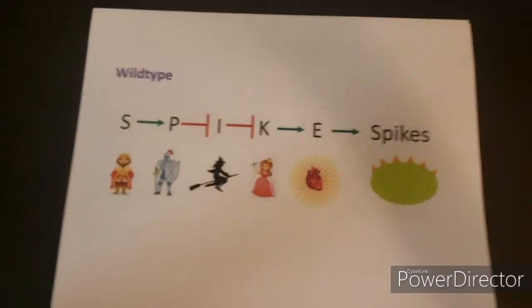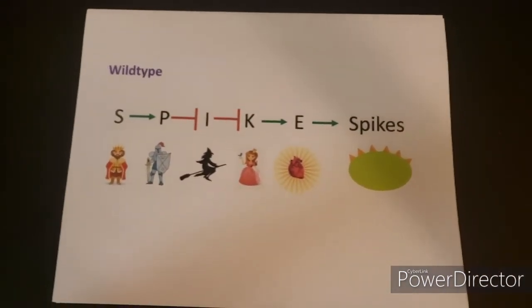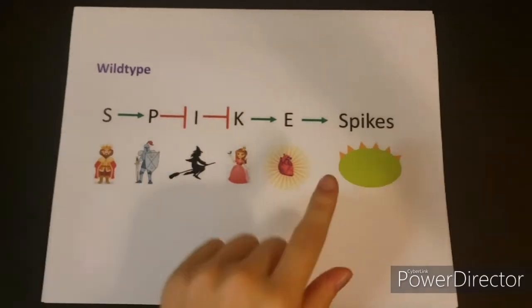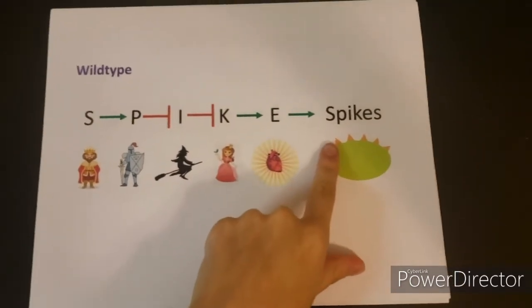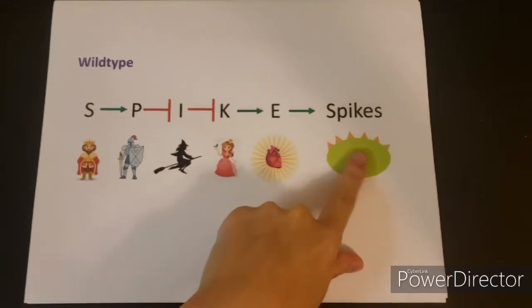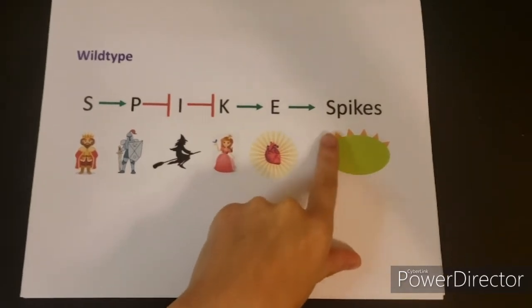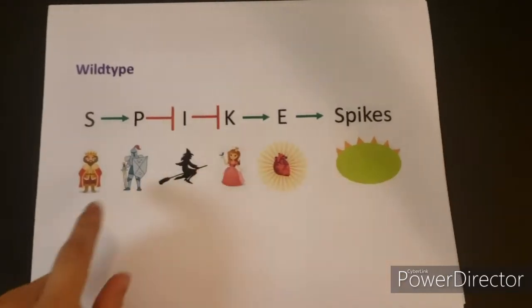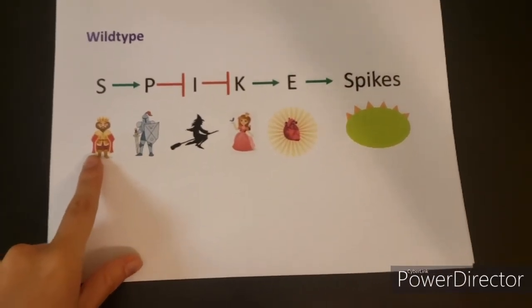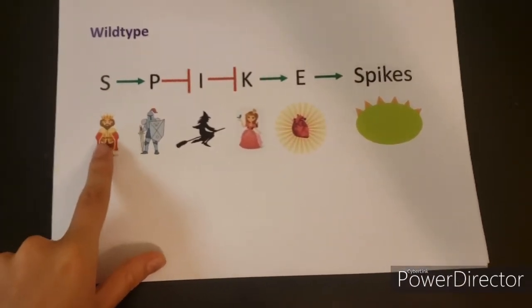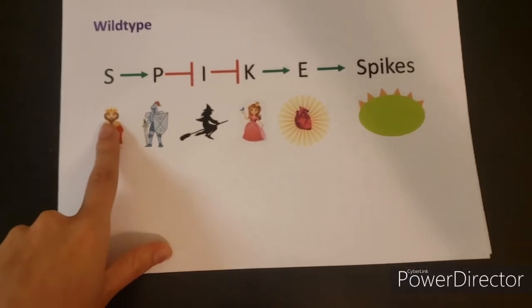And these act as a chain of events that activate and inhibit each other and eventually activate the gene spikes, which causes the expression of the genes that code for spikes on the epithelial cells. So here I've given fictional characters to give relatable interests to these proteins.